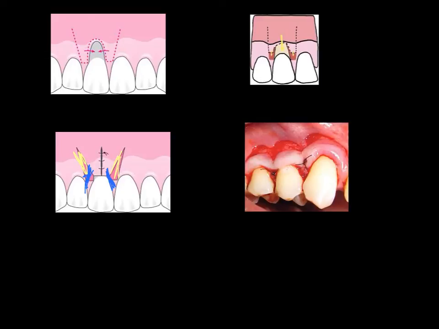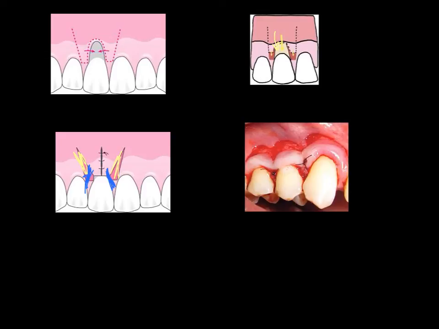Another technique for covering the recession area clinically is the coronally repositioned flap. This coronally repositioned flap can be done in one stage to cover a shallow recession defect, or in a two-stage technique which is combined with a free gingival graft or connective tissue graft, or with guided tissue regeneration.